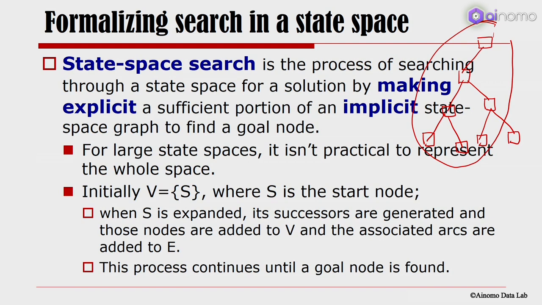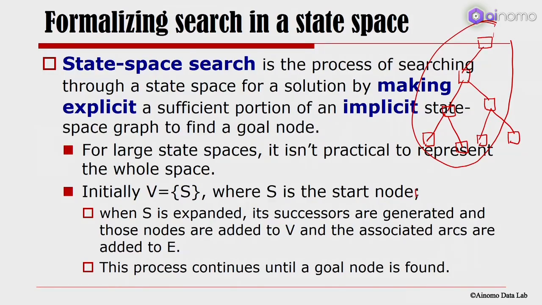For large state spaces, it is important to realize that it is not practical to represent the whole space. So, you initially start with just the start node and then expand the start node S, its successors are generated, and those nodes are added to the set V, and the associated arcs are added to the set E. This process continues until a goal node is found.